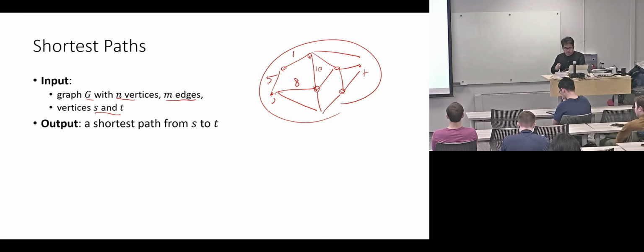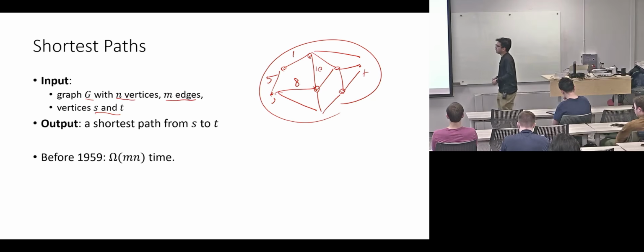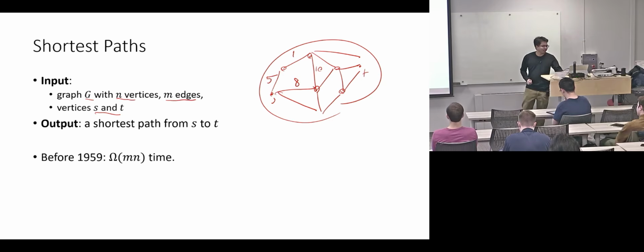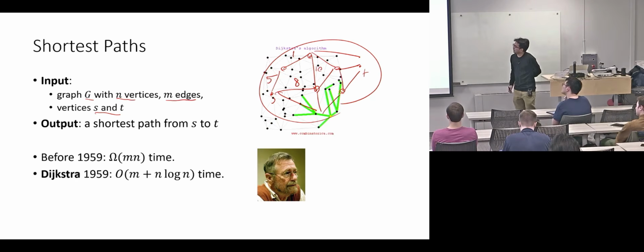A long time ago, there was an algorithm called Bellman-Ford. We learned about this too. That takes mn time. It uses some kind of dynamic programming that we'll learn in this class. But then Dijkstra showed how to improve the mn algorithm to m plus n log n.